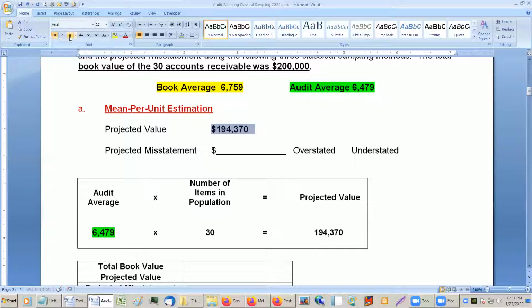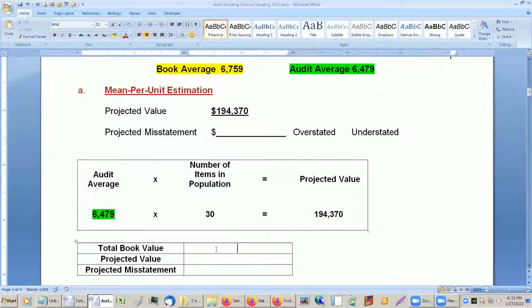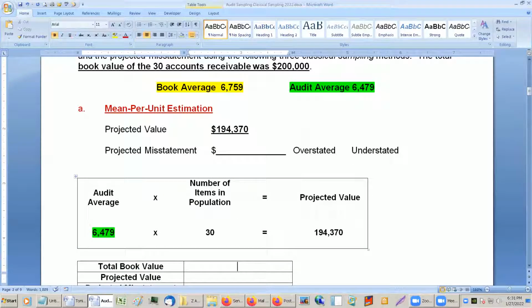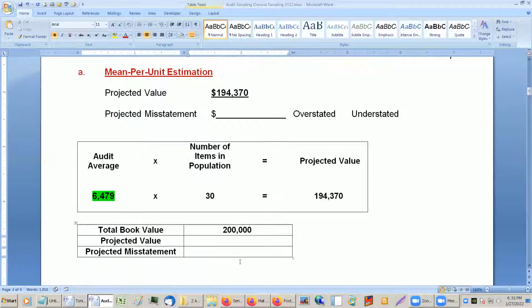Okay, so here's the question. What is the projected misstatement? We had a book value of 200,000 and a projected value of 194,370.